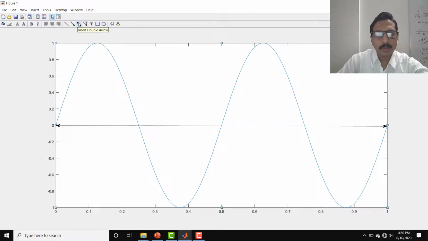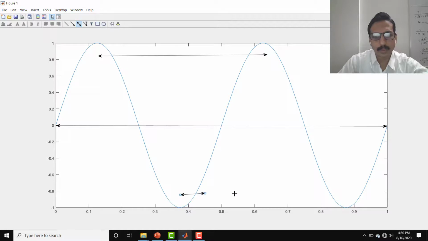Now as far as wavelength is concerned, when we take the distance between the peaks, for example, this is the peak point of the sine waveform which is at 1 volt, and this is at 1 volt. Or if we take the distance between 2 troughs, or you can say 2 peaks or 2 valleys.